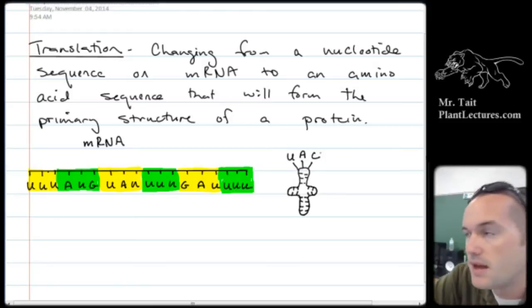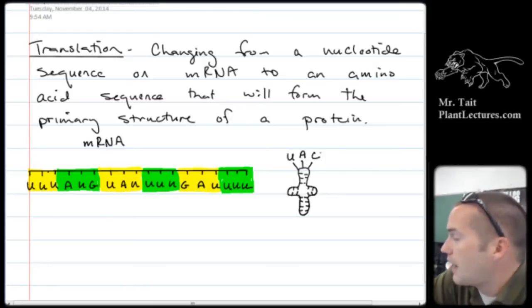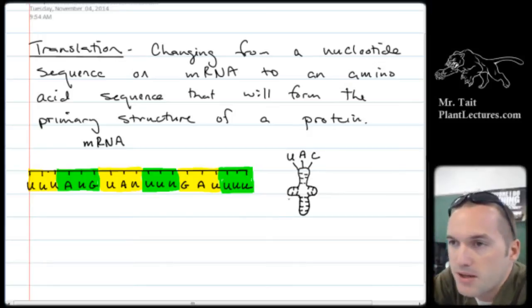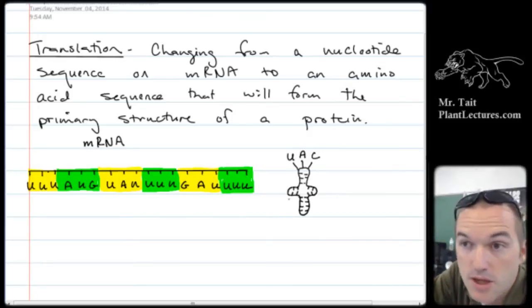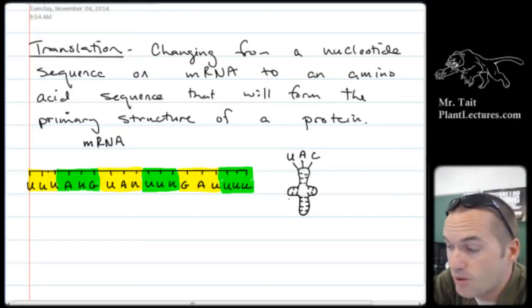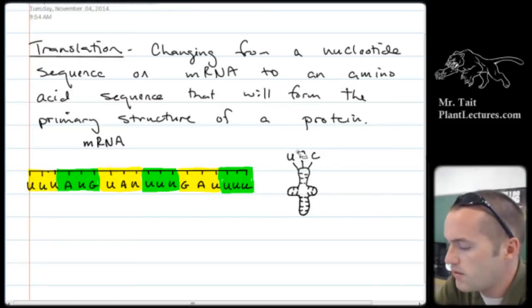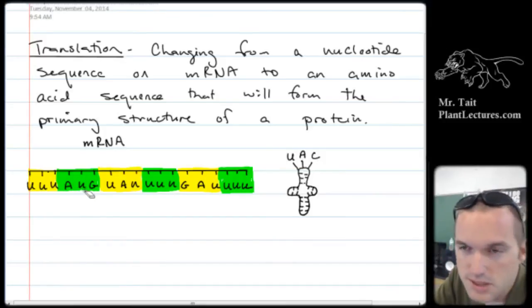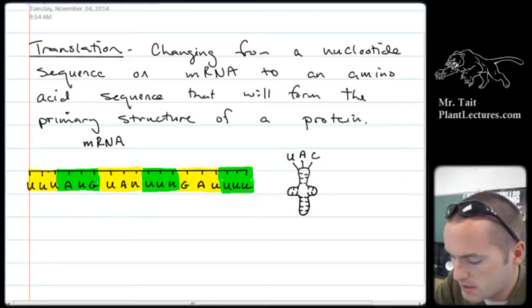Okay, now each tRNA has that on one side, that's called the anticodon, and on the other side it's going to correspond to one particular amino acid. So we need to figure out which amino acid it corresponds to, and so we know that this is the anticodon, so it corresponds to this codon over here, AUG.